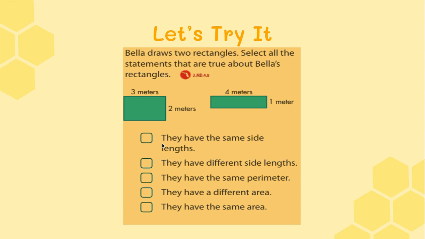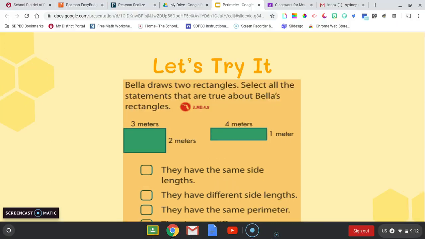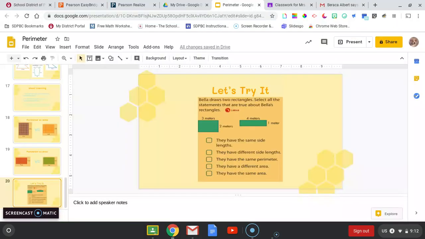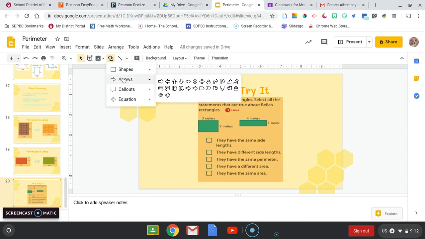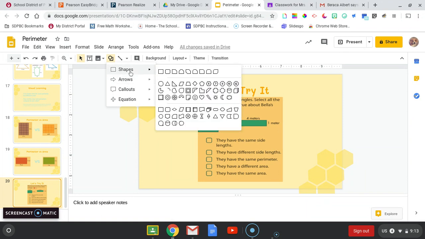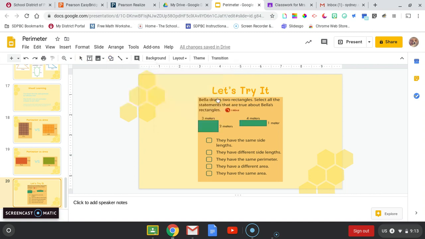So we would not check this one. They have different side lengths. Yes, so this box, we are going to check it. We'll put a star inside of it.